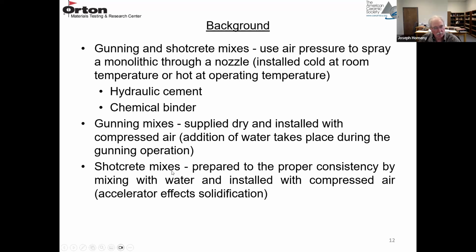The shotcrete mixes are pre-mixed with water to the proper consistency, and then that slurry is shot under pressure through a nozzle. And that, again, builds up a wall or a roof or a floor, the lining of a furnace. And there's usually an accelerator that enhances the solidification rate.